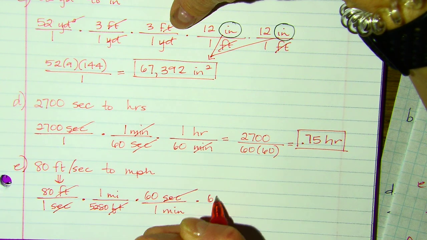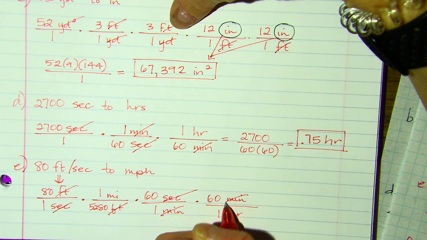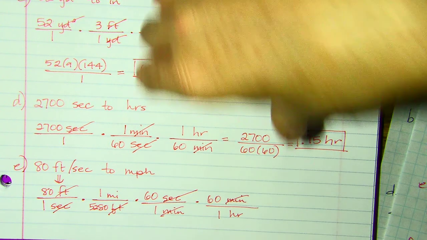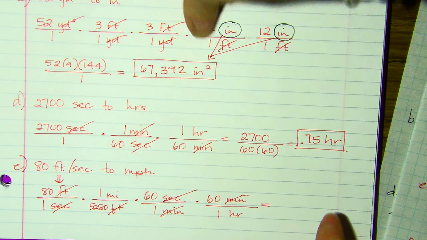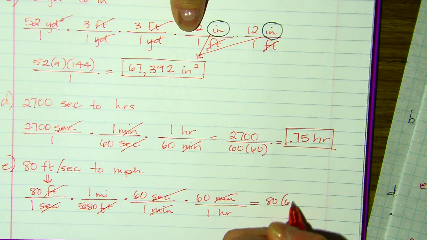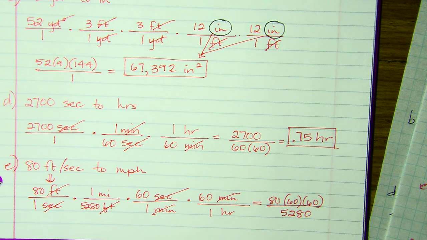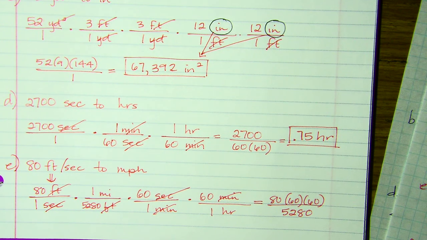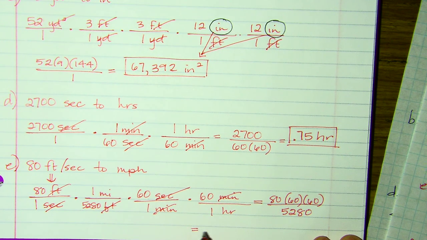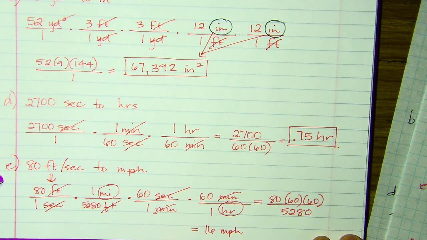And there are 60 minutes in 1 hour. So, pretty fast car if you're traveling 80 feet per 1 second. So I have 80 times 60 times 60 divided by, the only number on the bottom is 5280. I mean, other than ones. And I get 16 exactly. And my answer is in miles per hour, because that's what I have left, miles per hour.